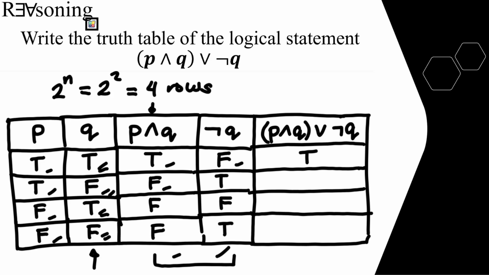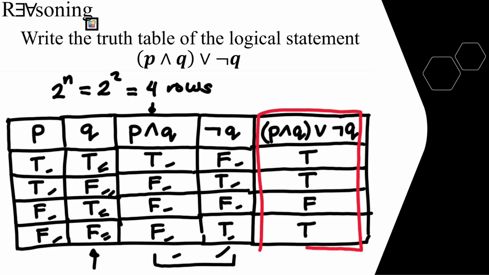Second, false, and this is true, at least one, that's true. Both statements for our third row are false, so this should be false. And finally, for our last, we have here false and true. This should also be true. This is now the truth table for the logical statement I read as either P and Q or not Q.